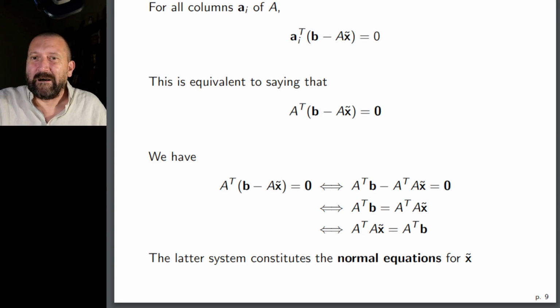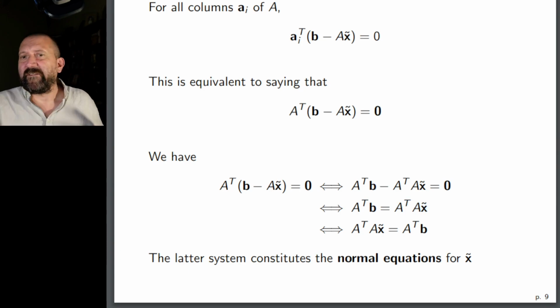Now when I write this, I can also move this term that has a minus sign to the other side of the equal sign. So this means that I get A transpose B is equal to A transpose A X tilde. Let's write it the other way.